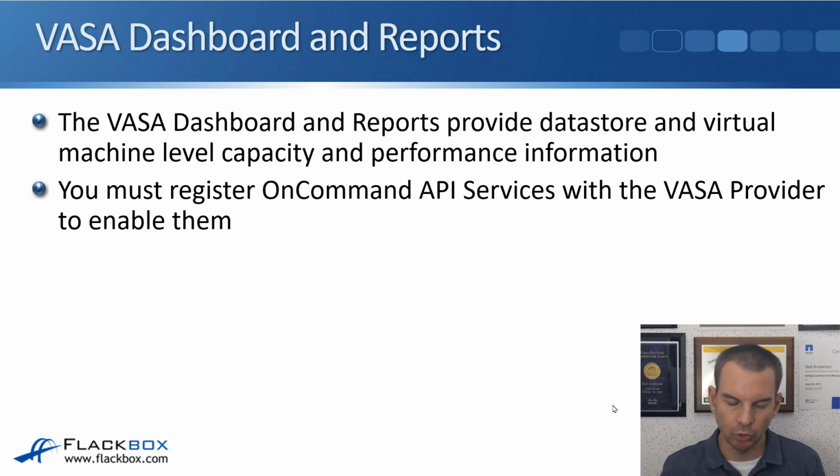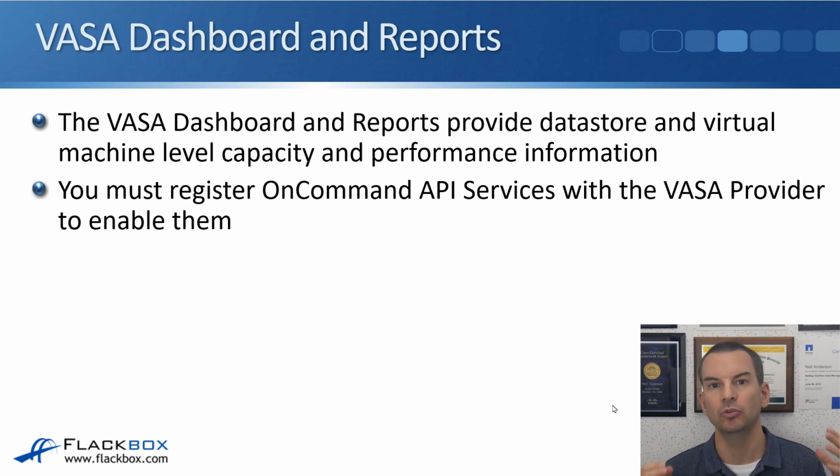Okay, so to provision a VVol Datastore and for your ESXi hosts to use it, you need to have VSC installed and you need to have the VASA provider enabled. Okay, that's just to provision and use the VVol Datastores. You do not need to have OnCommand API Services installed to provision your VVol Datastores. What you do need to have OnCommand API Services installed for is to see the VASA dashboard and reports.